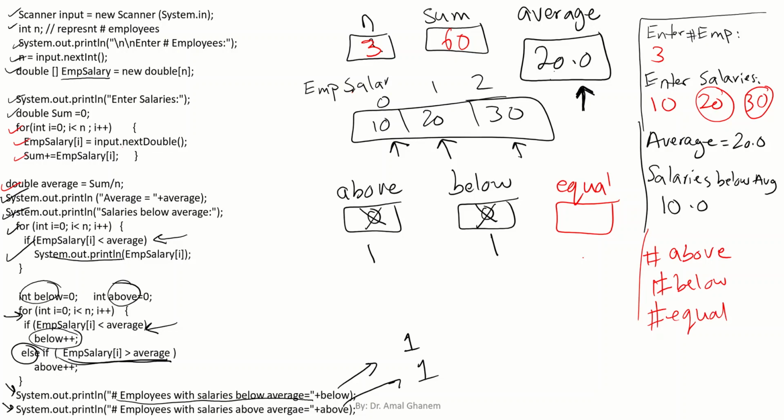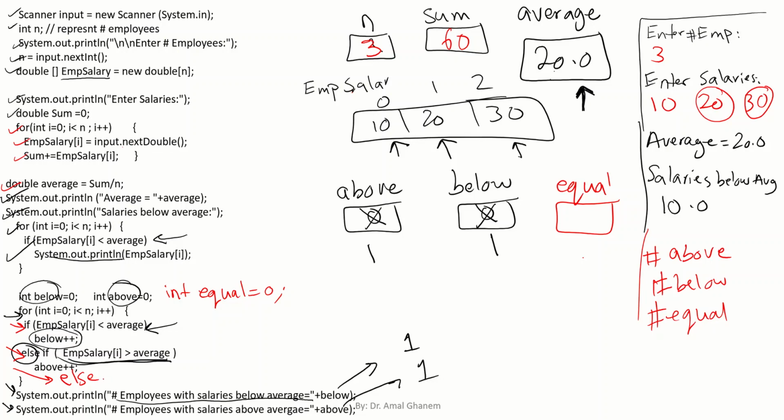So I will do two steps only. I will have to create another variable here. I will say integer equal 0. So this is the new counter we have. And we have if, else if, and we have the last else, which says if it is not above, if it is not below, it means equal.